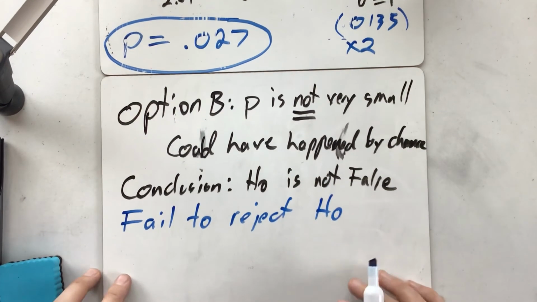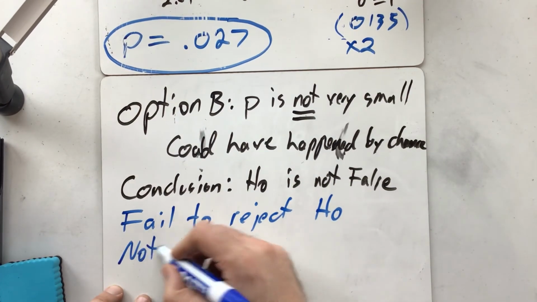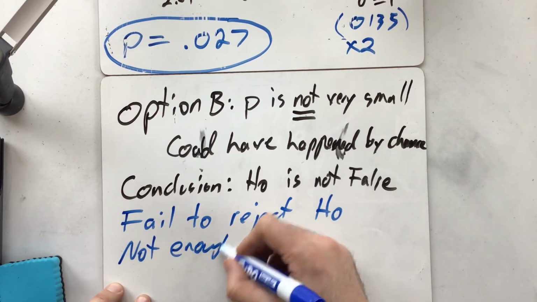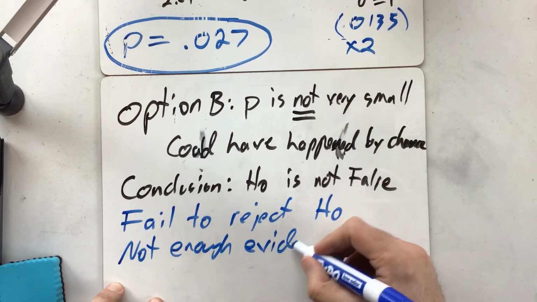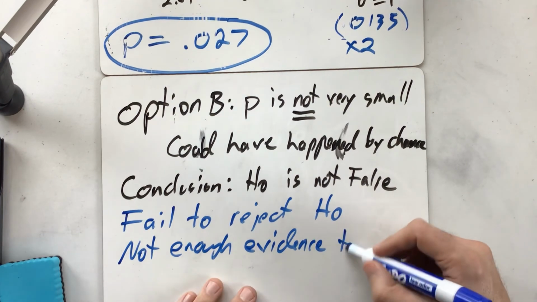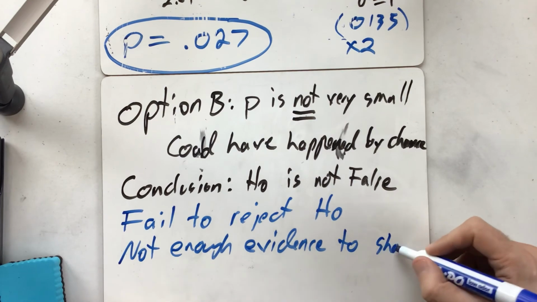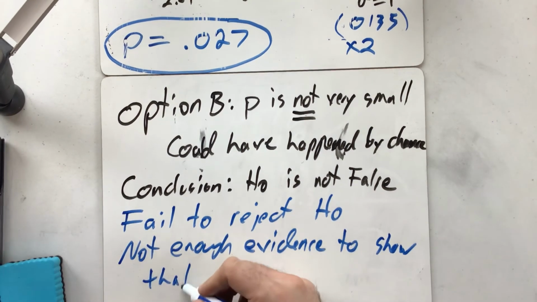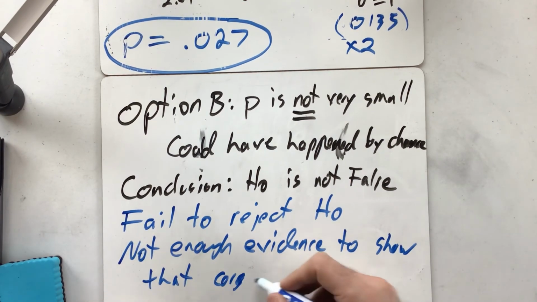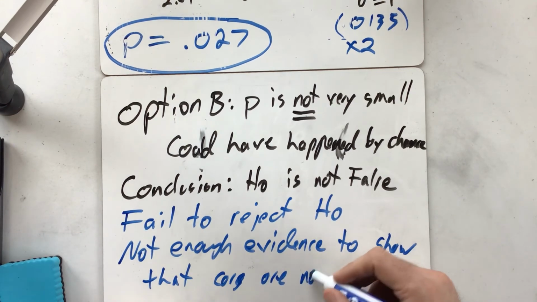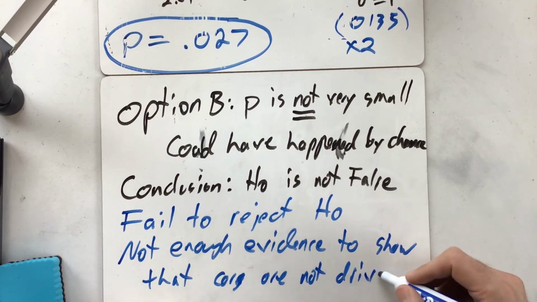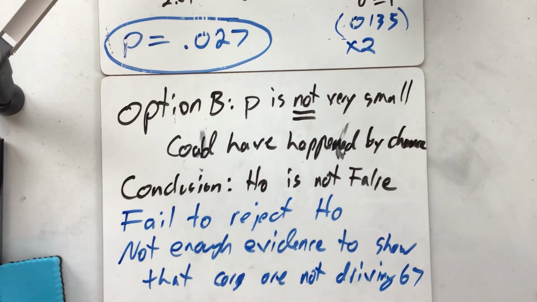And that means that there is not enough evidence to show that cars are not driving 67. So we haven't said the cars are driving 67.